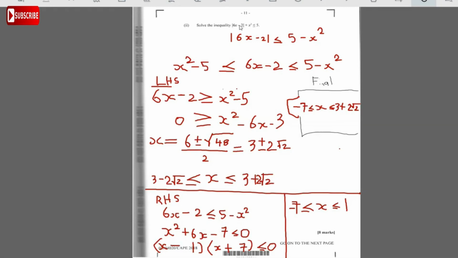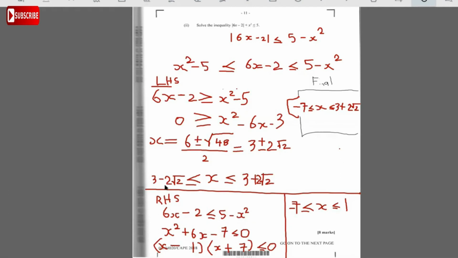So you can check it like over here. Plug in negative 6. And up here, you get 6 times negative 6 minus 2, that's 38 plus negative 6 squared. Well, negative 6 won't be right.